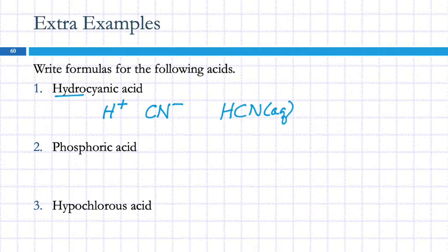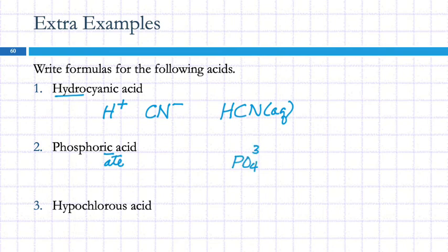How about phosphoric acid? Binary or oxyacid? It's an oxyacid. So we change ic to ate. So this comes from phosphate. What's the formula for phosphate?